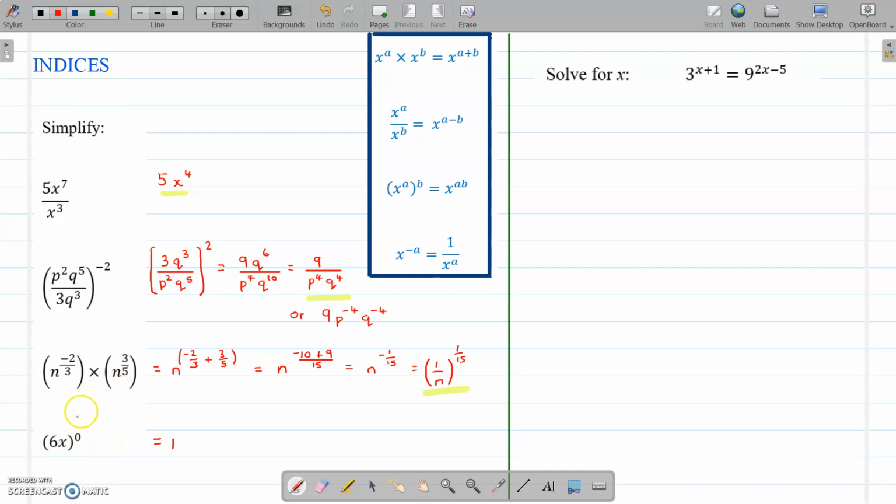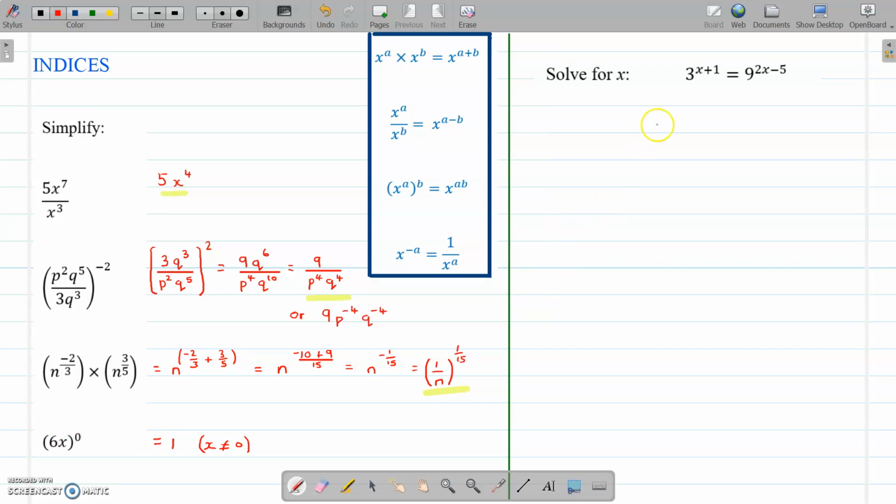Okay, so if you were given this expression, you will probably find it will tell you that x cannot equal 0, because it couldn't be 0 for that to be true. But whatever it is, as long as it's not 0, anything to the power 0 is 1.